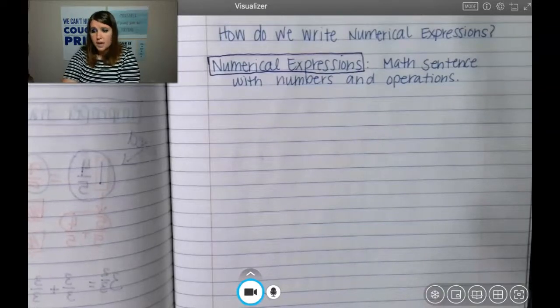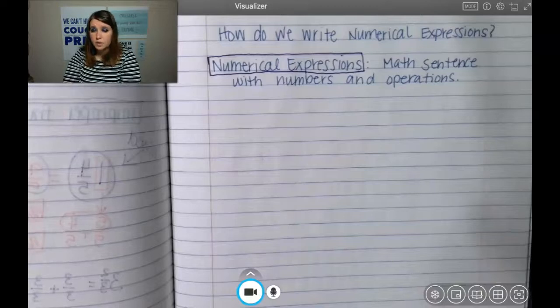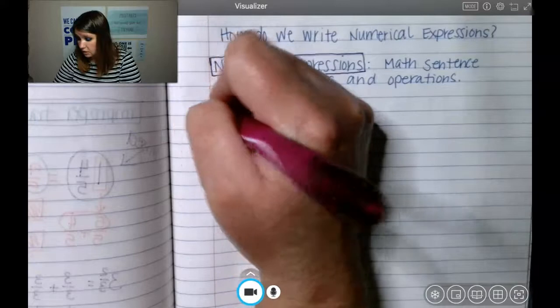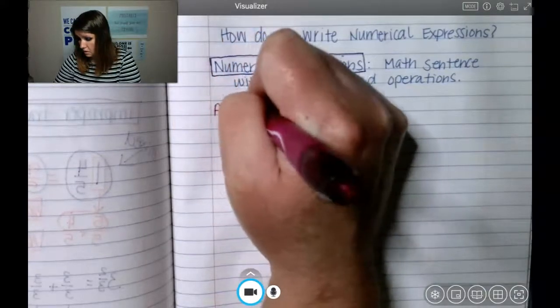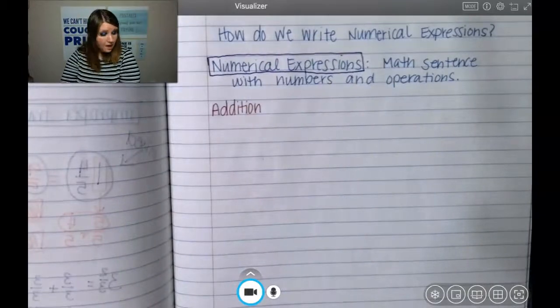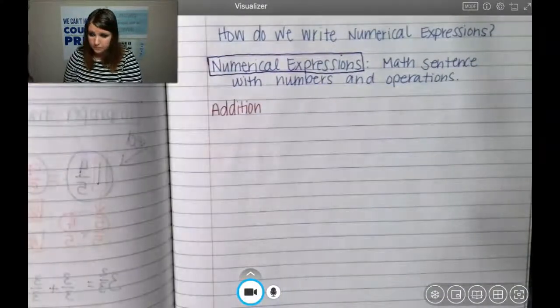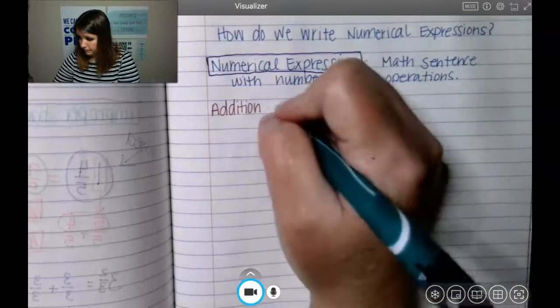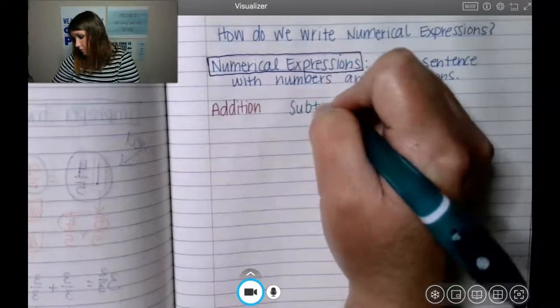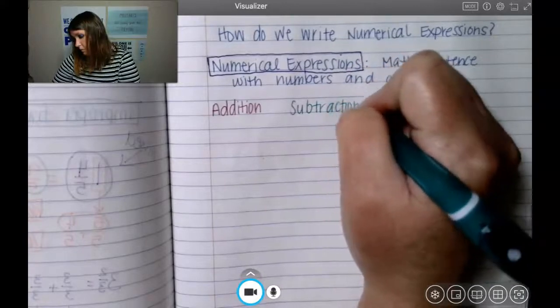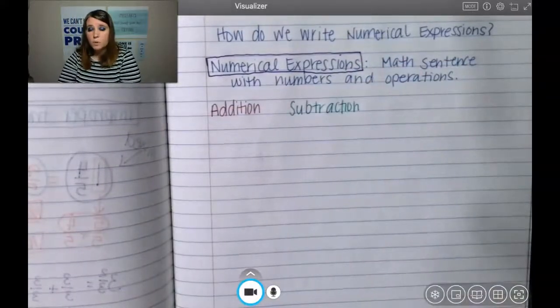So we know that we have 4 different operations. We have addition, we have subtraction, we have multiplication.